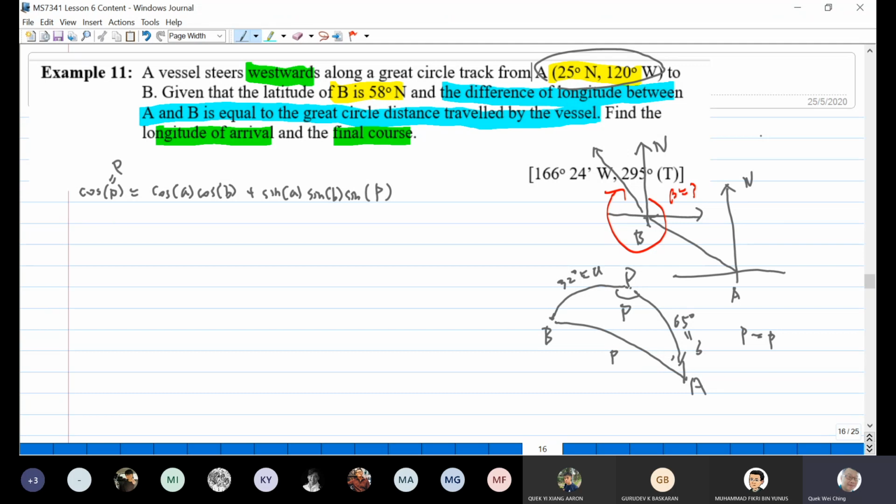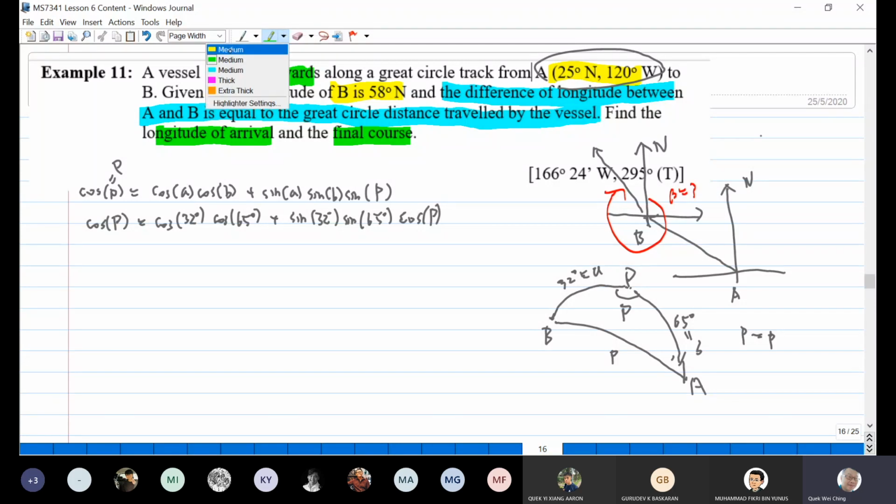So now what you get is cosine P equals cosine of A, which is 32 degrees, cosine of B, which is 65 degrees, plus sine 32 degrees sine 65 degrees cosine P. Now both of them have the same cosine P, the same angle here.